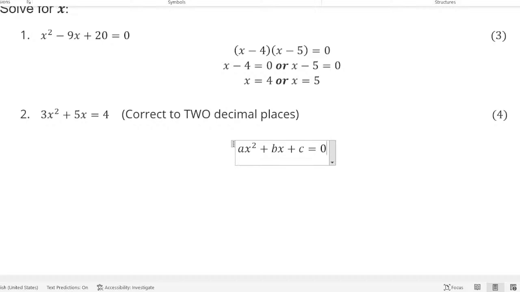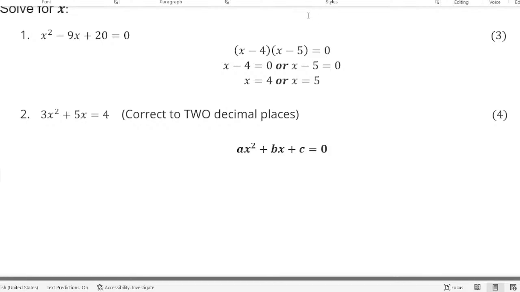When you're solving a quadratic equation, you must make sure it is in this form. If it's not in this form, you get the wrong answer. It must always be in this form.